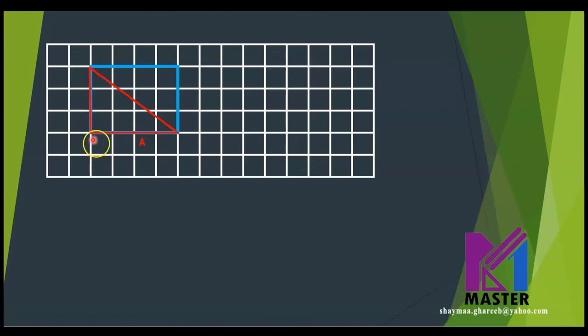Then in this case, the area of this triangle will be 6 centimeters squared, because the area of the rectangle here is 12 centimeter squared. And this is the second case we talked about in the previous slide. I want to ask you a question. What do you notice, or what do both of these shapes have in common?